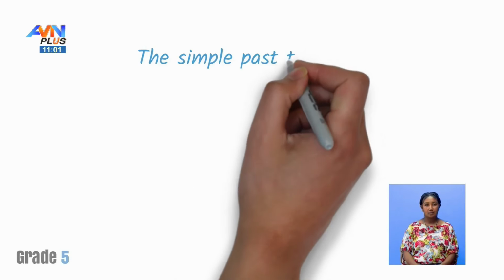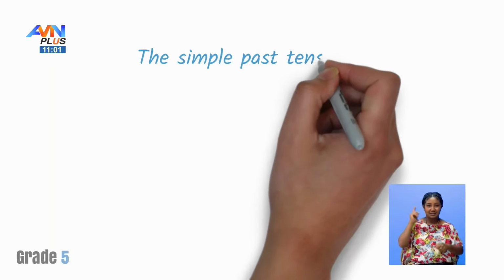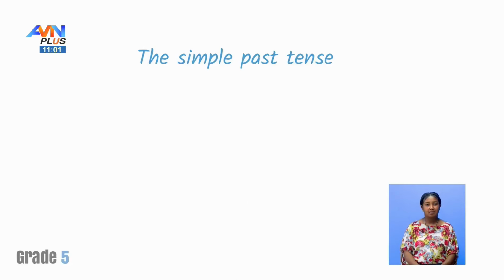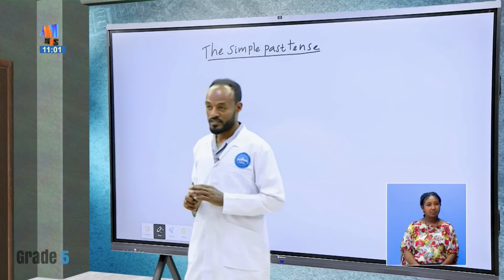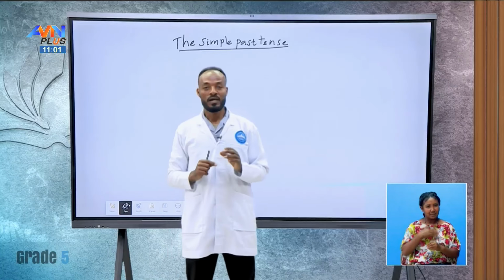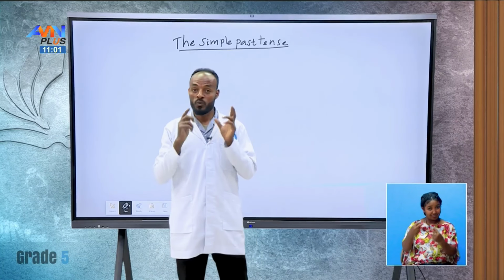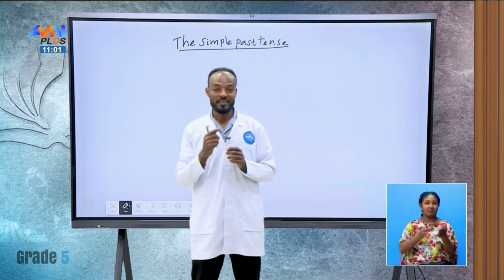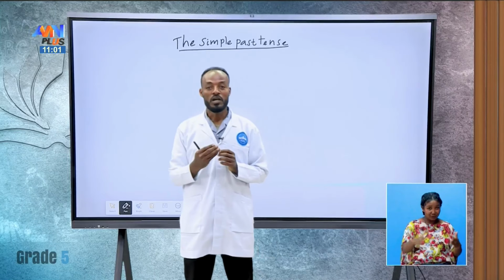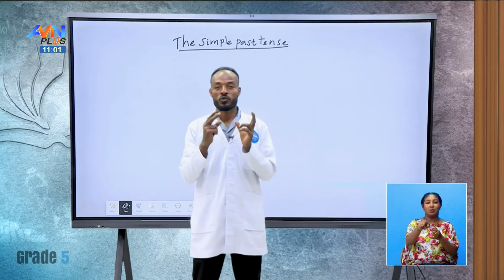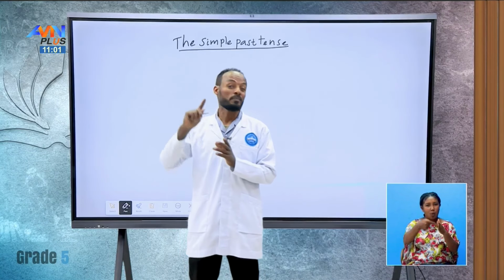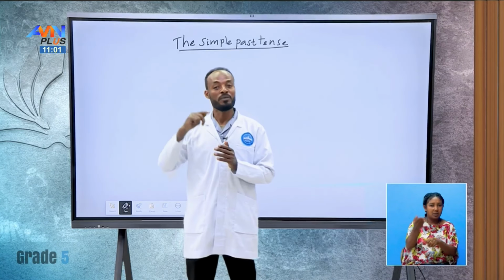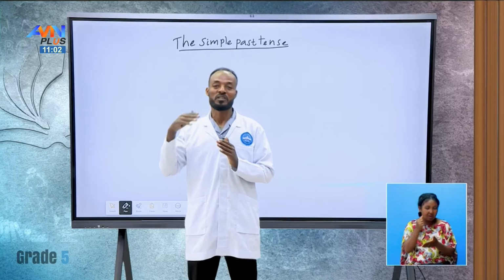The simple past tense. Okay, students, please listen to me because we will say something about the objectives of today's lesson. At the end of today's lesson, you are going to describe what happened in the last day or maybe yesterday, or something in the past.